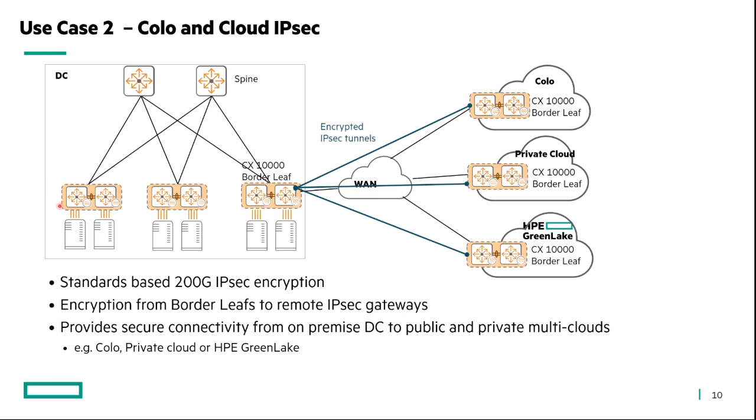So what we have is standards-based encryption with IPsec, 200 gig full duplex throughput, and we've got encryption from the border leafs to the remote IPsec gateway. So here we are, from the border leaf edge of the data center, the colo, private cloud and HP GreenLake, all this providing secure connectivity from on-premise to off-premise, whether it be public or private or hybrid clouds.